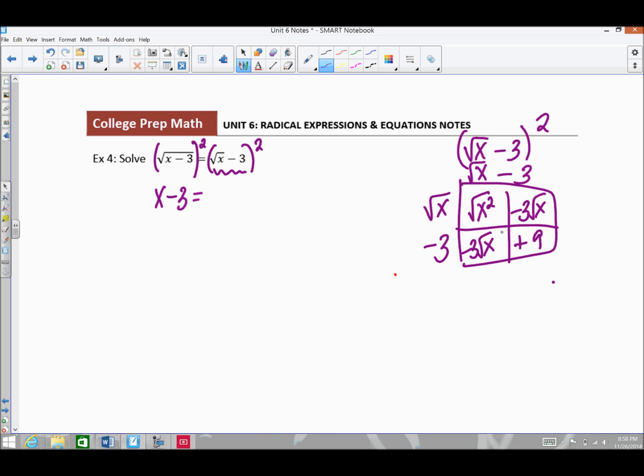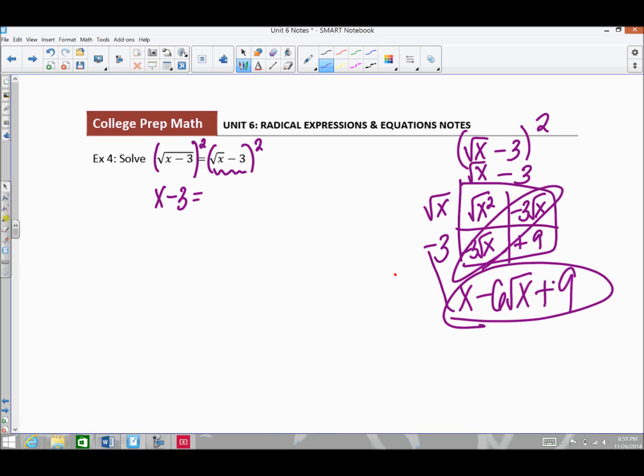So here I'm going to have just x, these terms when you group them, minus 6 square root of x plus 9. So I'm going to take this and it's going to go back into my equation. So I'm going to have x minus 6 square root of x plus 9.